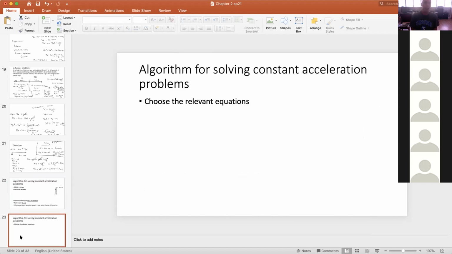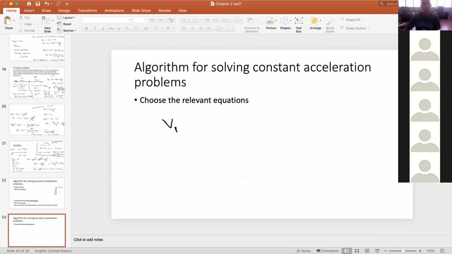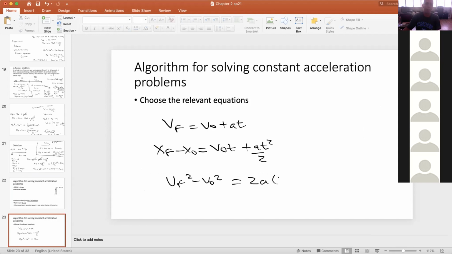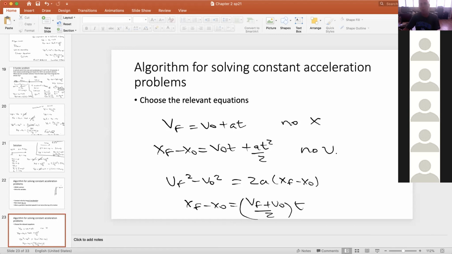So the algorithm for solving constant acceleration problems: choose your relevant equations. You only have 4. I cannot stress this enough because this is the step that everyone gets confused on. This equation, no x. This equation, no v final.